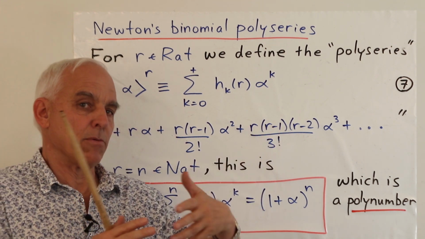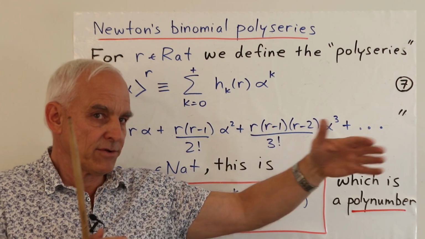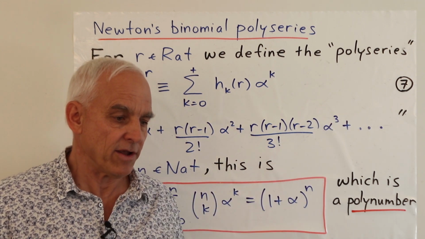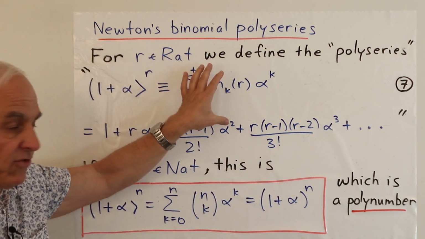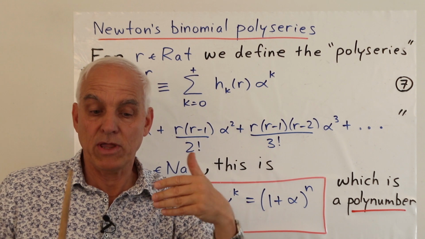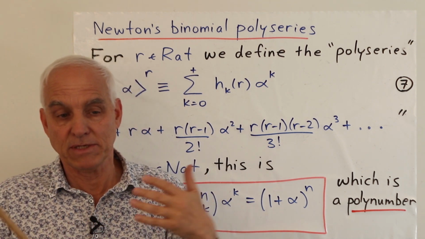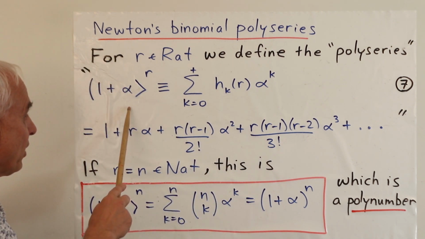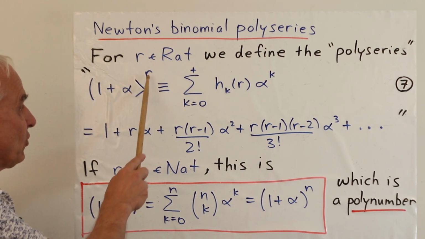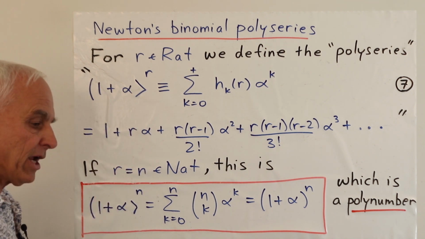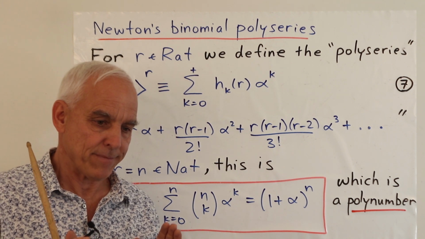So this is the object that we're interested in. This is some kind of extension of a poly number into some ongoing sense. And we want to give this thing a name so that we can refer to it easily and do arithmetic with it. Here's the name: 1 plus alpha to the r. But what's here is not a poly number.